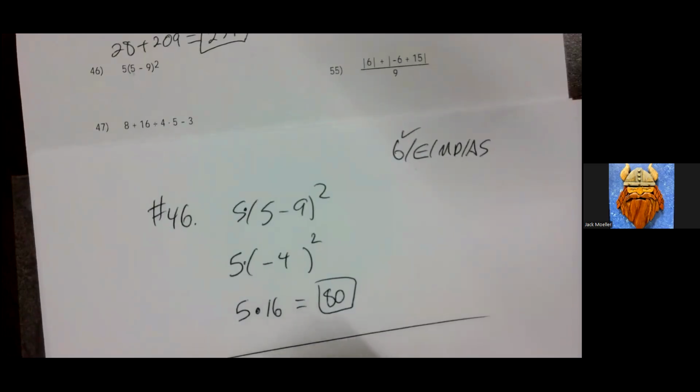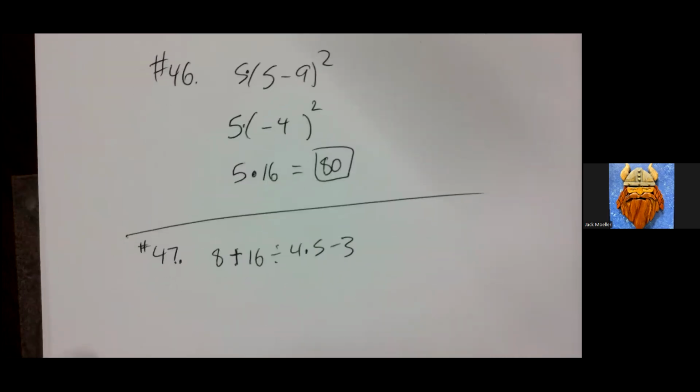So the next one's 47. So we got 8 plus 16 divided by 4 times 5 minus 3. Now, quick aside, are you allowed to do this on your calculator all at once? Well, technically, yes.